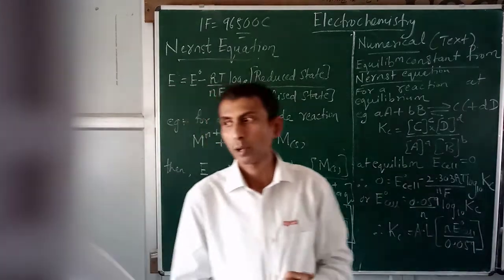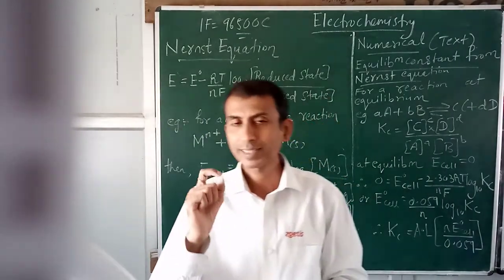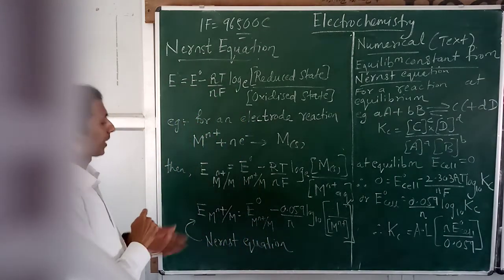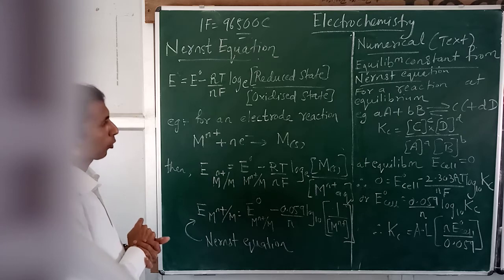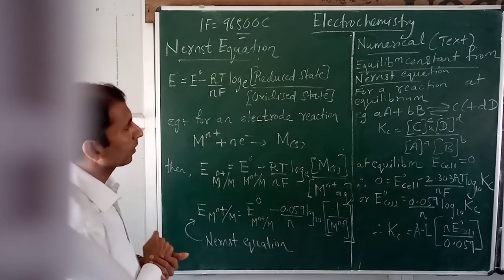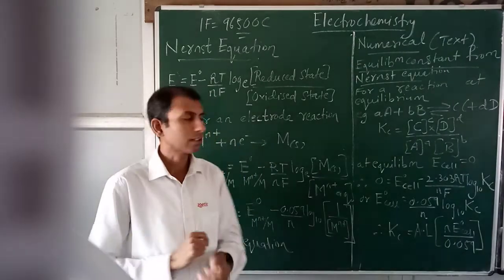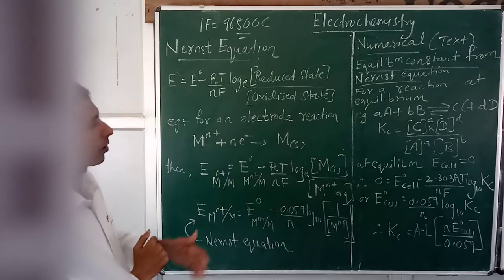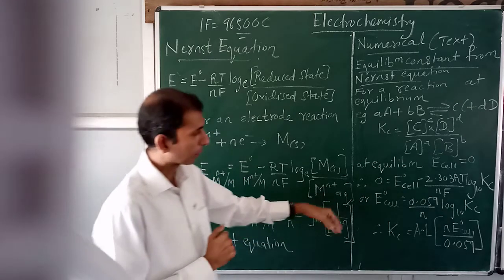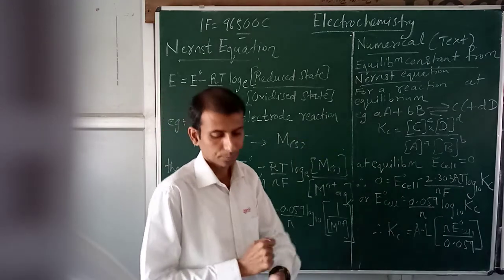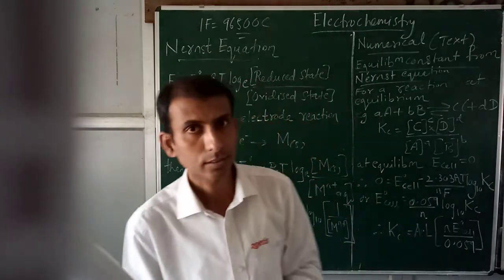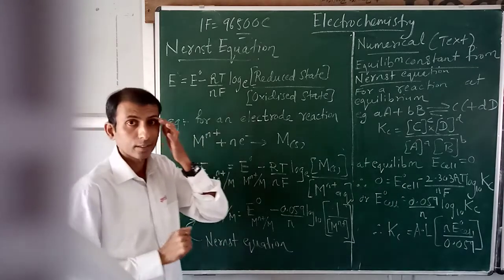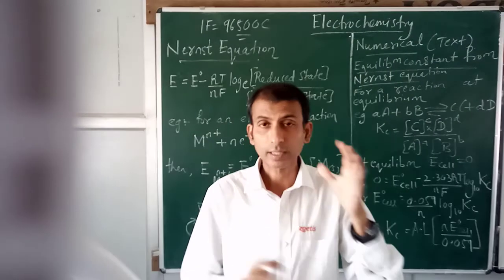Because from this chapter, in the board examination they compulsorily ask a numerical based on calculation of standard cell potential directly from the given cell representation, which we saw in our last lecture, or they can ask you to calculate the standard potential of the cell or equilibrium constant using the Nernst equation. So dear students, this is the lecture for today. Understand the concept, go through the notes and understand the explanation properly.